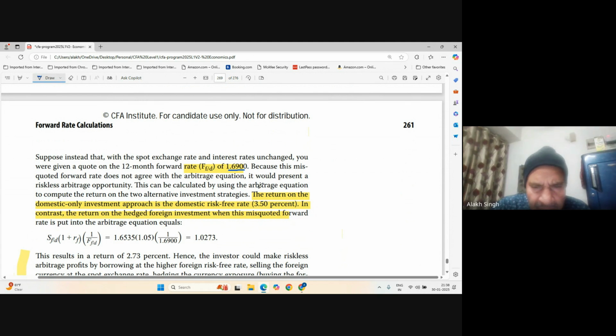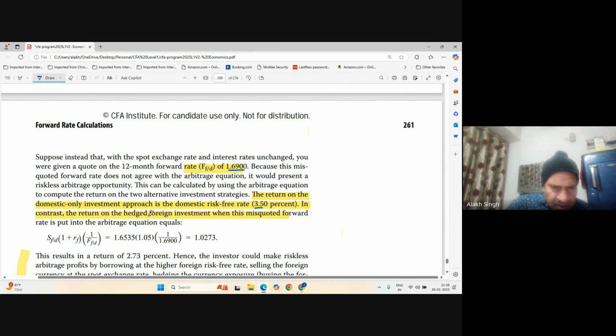This can be calculated by using the arbitrage equation to compute the return on two alternative investment strategies. The return on the domestic only investment approach is the domestic risk-free rate, so the domestic risk-free is 3.5% and the foreign risk-free rate is 5%.